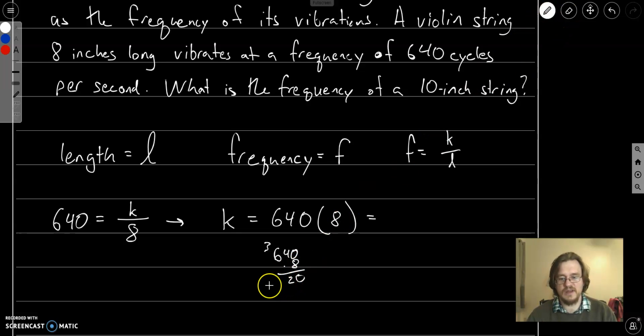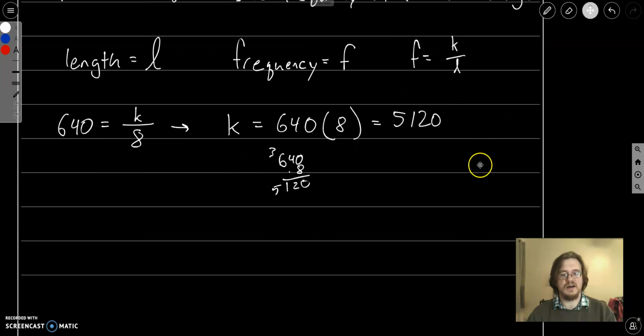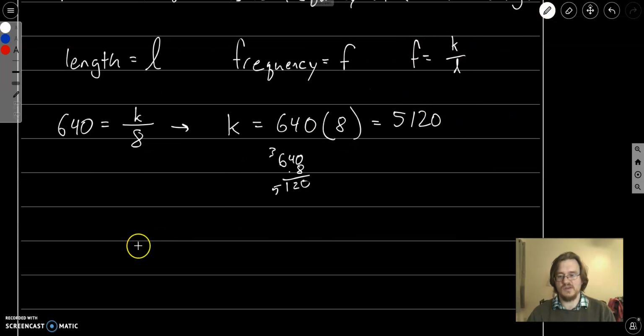Turns out I can't do math. 5,120. So if we plug everything back into our equation, the frequency a string vibrates at will be 5,120 divided by the length of the string.